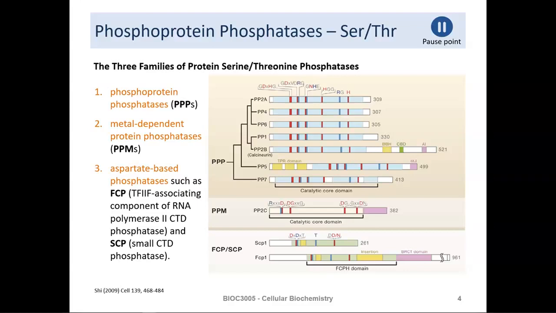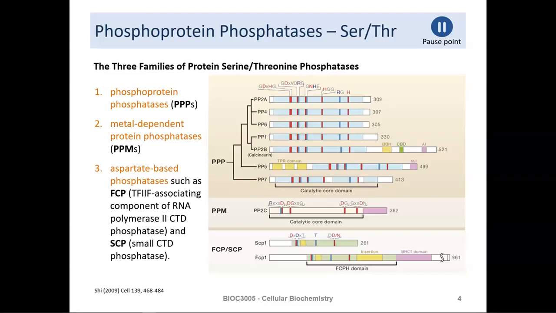The third family are aspartate-based phosphatases, such as FCP, transcription factor IIF-associating component of the RNA polymerase II carboxy terminal domain phosphatase, and SCP, or small carboxy terminal domain phosphatase.